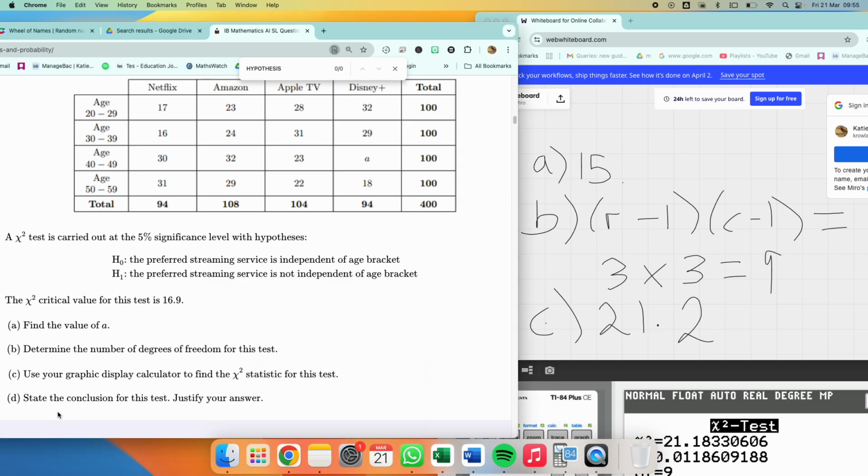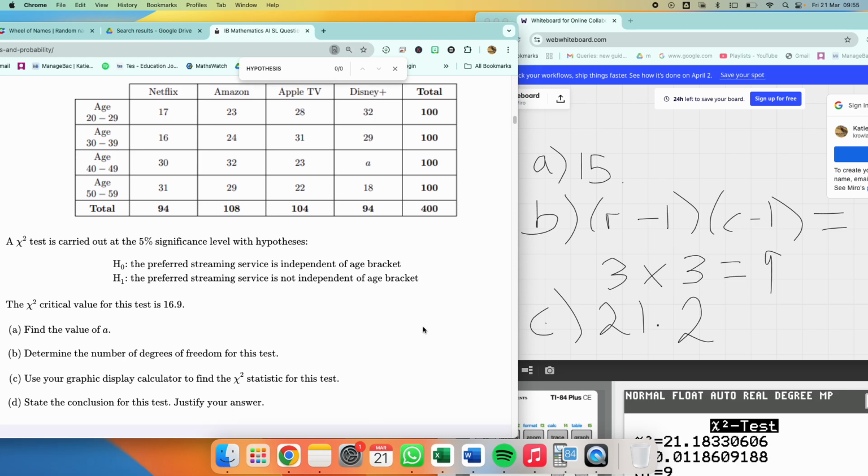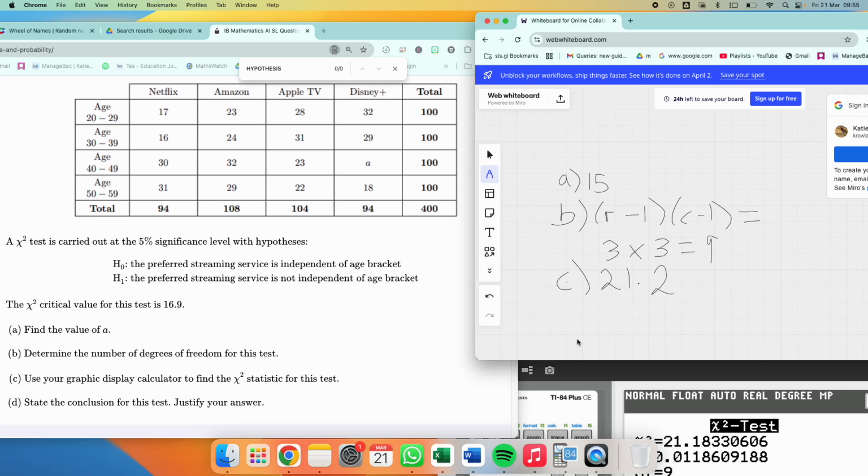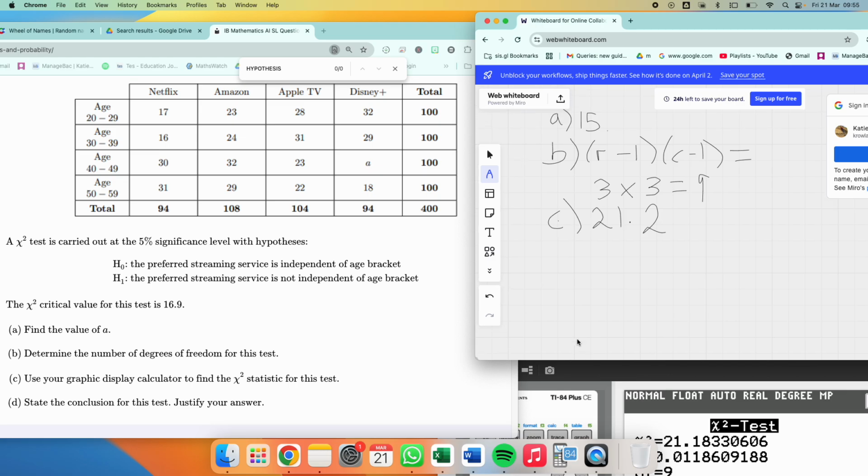Then it says, state the conclusion for the test, justify your answer. There are different ways you can conclude the test. There's 2 ways altogether. First of all, the conclusion of the test could be to do with p. We use p quite a lot for the t-tests. So first of all, we're going to compare p with the significance level of 0.05.